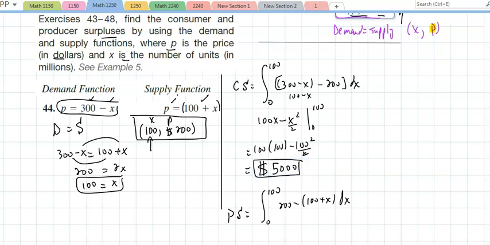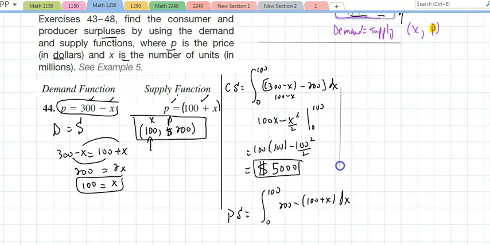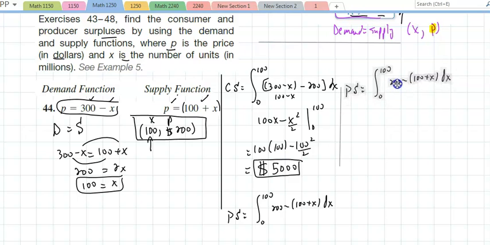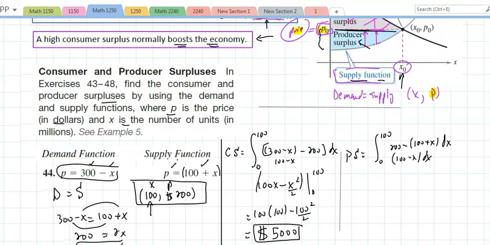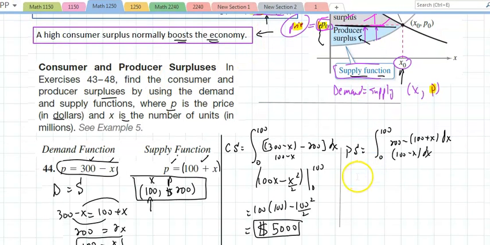And if I want to figure out the consumer surplus, that's 100 minus x dx, and that turns out to be 100x minus x squared over 2 evaluated from 0 to 100.